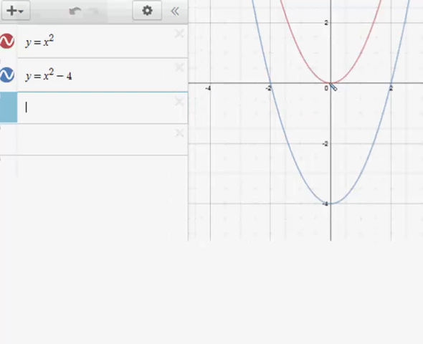Here's the graph of y equals x squared. The vertical intercept is 0, 0, but the graph of y equals x squared minus 4 would be the same as the red graph, but shifted down 4, making the new vertical intercept 0, negative 4. Notice also that the horizontal intercepts of negative 2, 0, and positive 2, 0 are also correct.